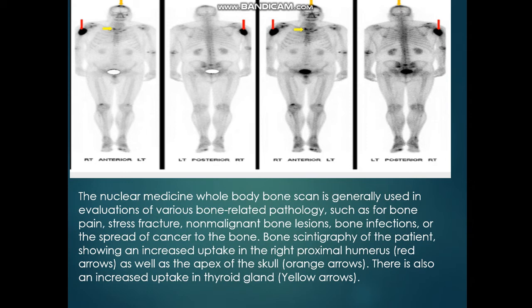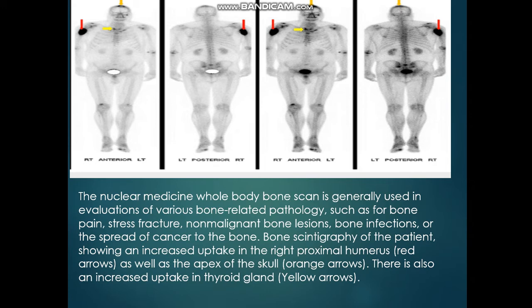The nuclear medicine whole body bone scan is generally used in evaluations of various bone-related pathology, such as bone pain, stress fracture, non-malignant bone lesions, bone infections, or the spread of cancer to the bone.